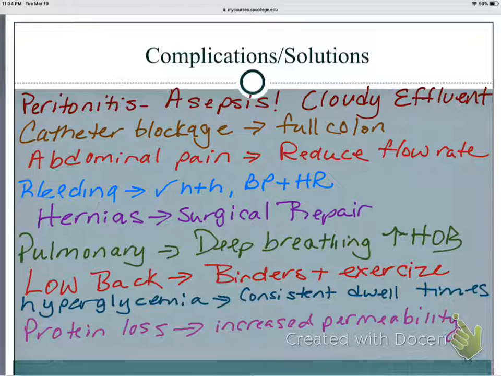And don't forget our blood sugars. We can avoid hyperglycemia if we're pretty consistent with our dwell times. We're not doing it at all different times of the day. It kind of helps. And protein loss, not much we can do to prevent it, but we can try to add more protein in our diet.